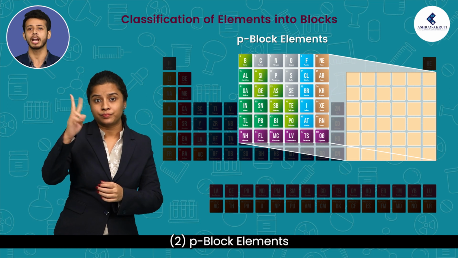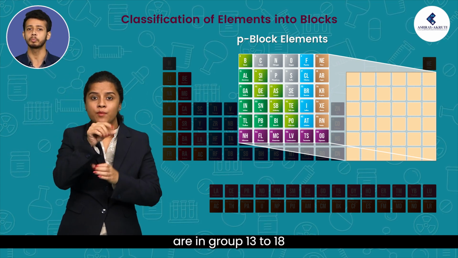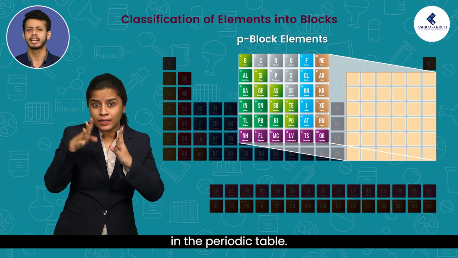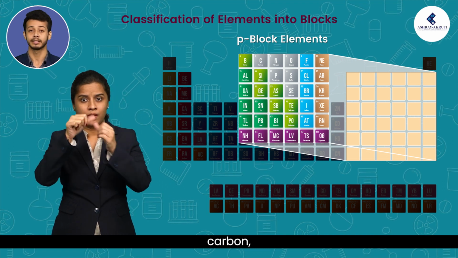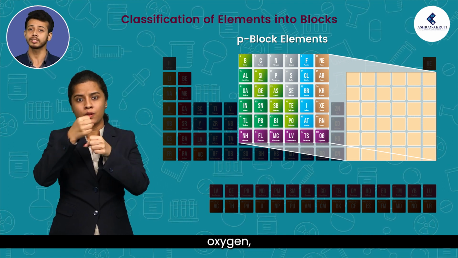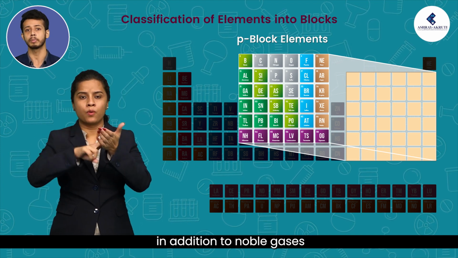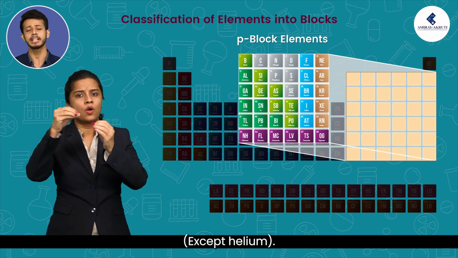2. p block elements. These elements are in group 13 to 18 in the periodic table. They include boron, carbon, nitrogen, oxygen, fluorine families in addition to noble gases, except for helium.